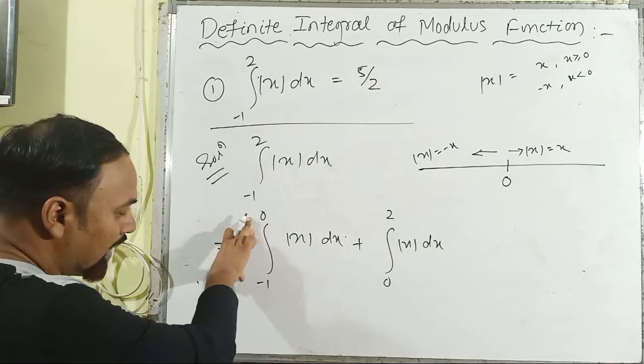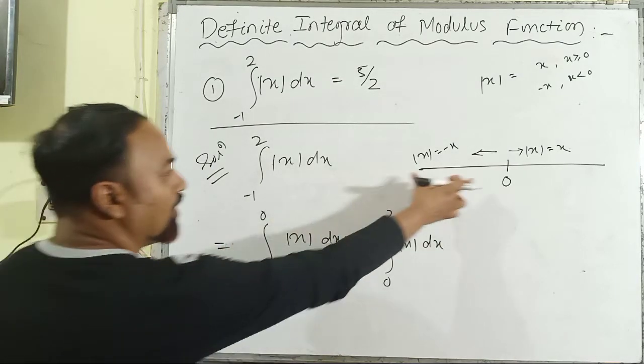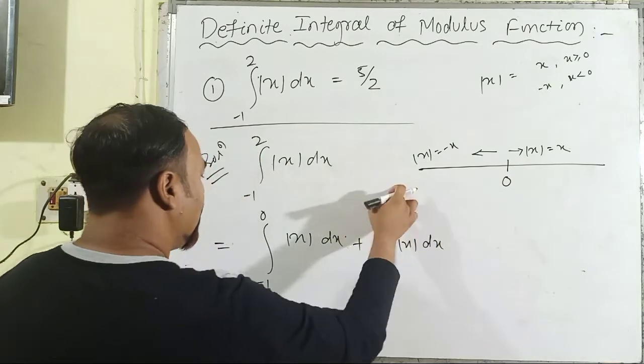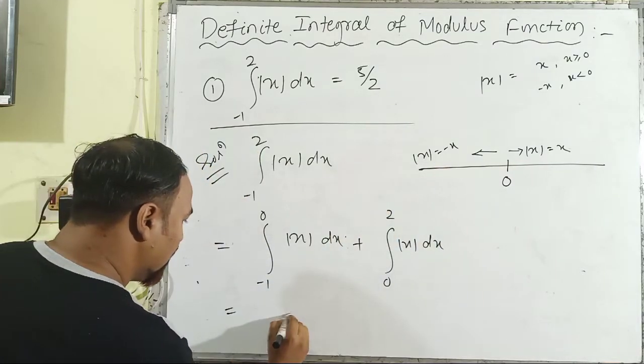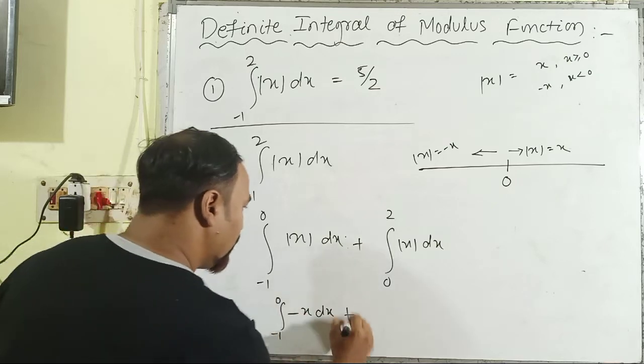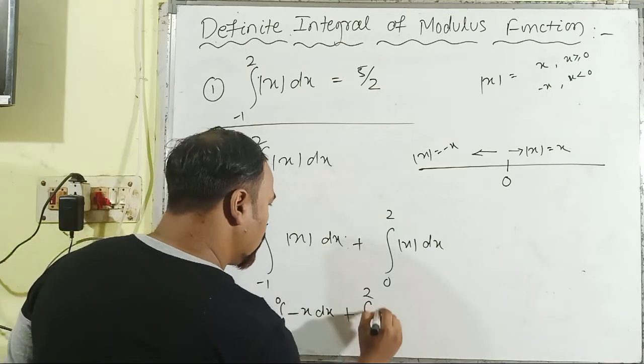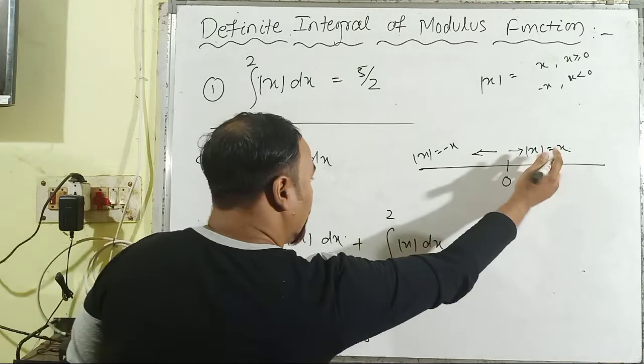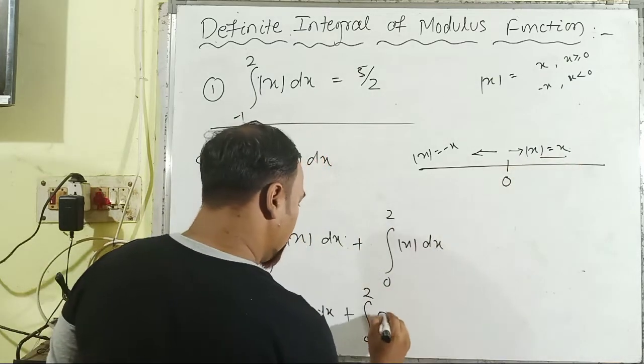But this is the negative interval, to the left of 0. That means it will be minus x dx from minus 1 to 0. Then it is 0 to 2, and in the positive interval the value is plus x.